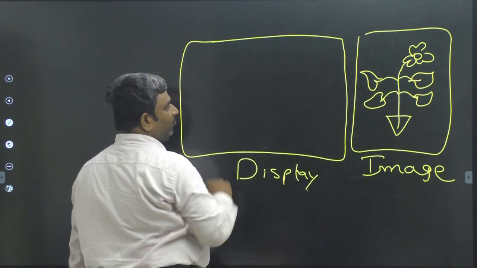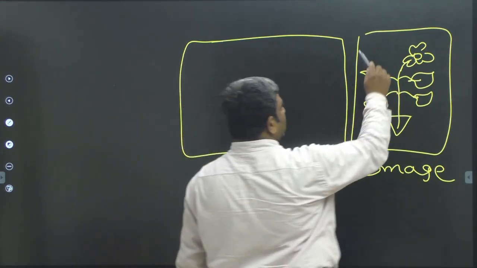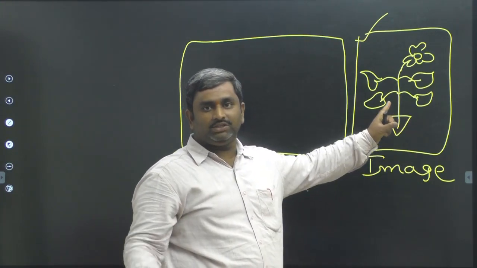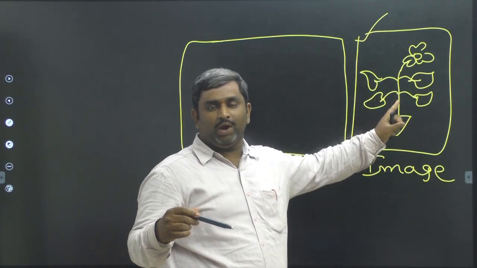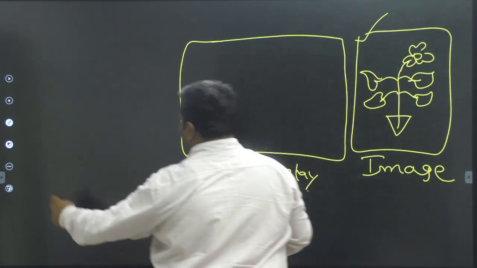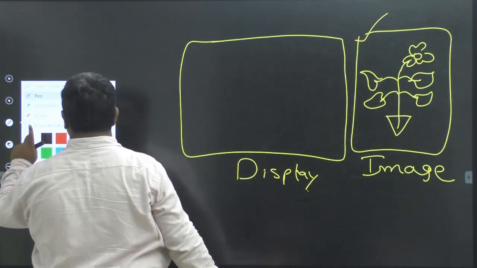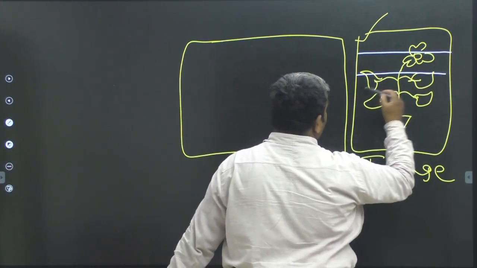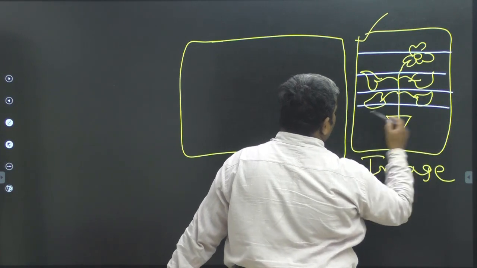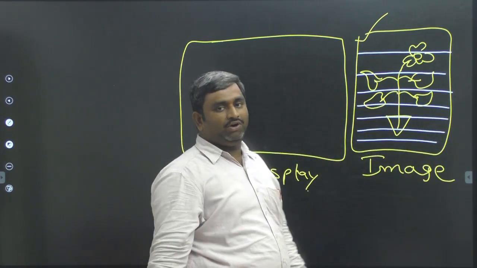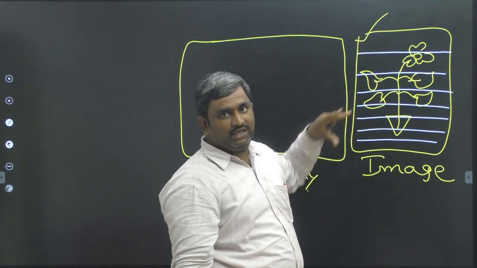This is an example of an image. In this image, the complete image is divided first into horizontal parts. This image is divided into different horizontal sections. So this is the first horizontal line, second one, third one, fourth one, fifth one, sixth one, and seventh one. Here we have different rows of this image.